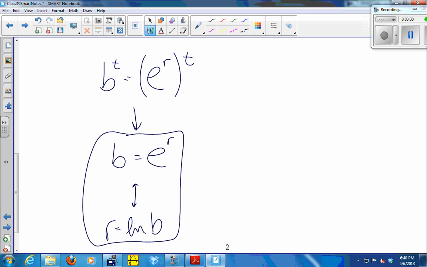If you know the growth rate, you can get the growth factor by doing e to the r. And if you know the growth factor and you want the growth rate, you take the ln. So any exponential function can be expressed two different ways. We're just changing the base from b to e.